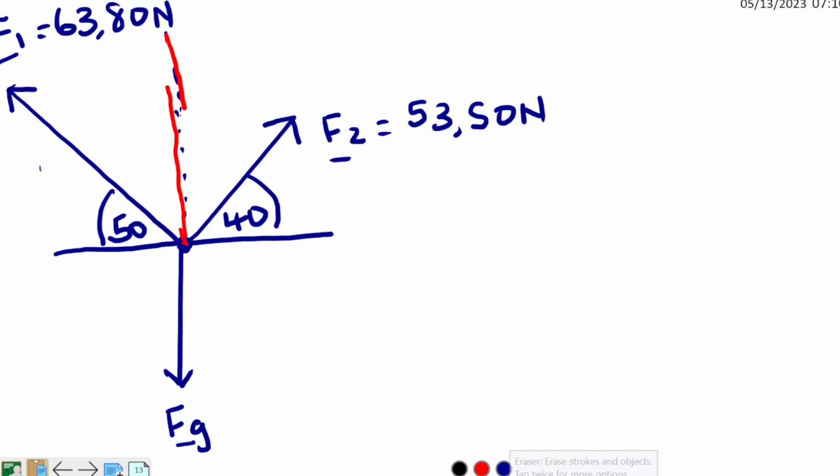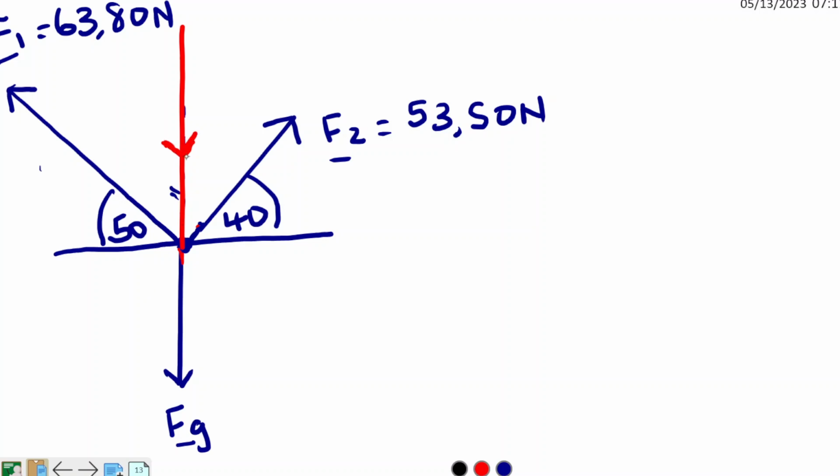Sorry for that. Let me show you. So I extend the Fg upwards. I did not change any direction here. The direction is still towards the center of the earth.